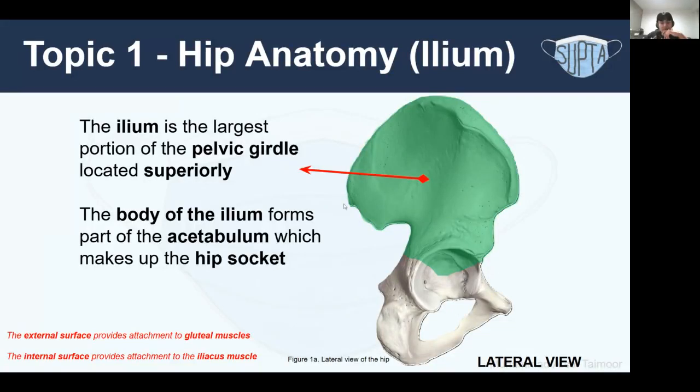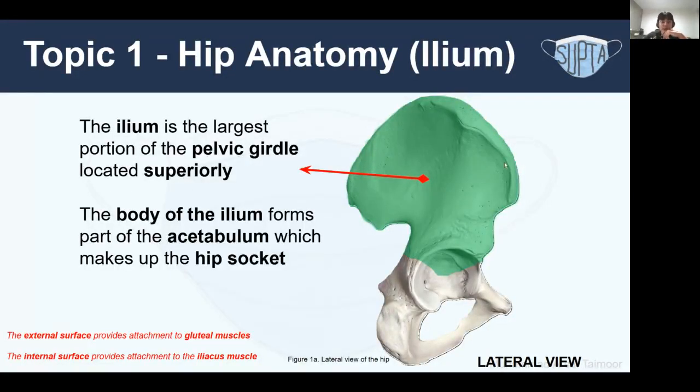Essentially, this bone has important landmarks for muscles. You should probably already know these. We will cover the landmarks first, and then we'll go into muscles and the other structures surrounding it.